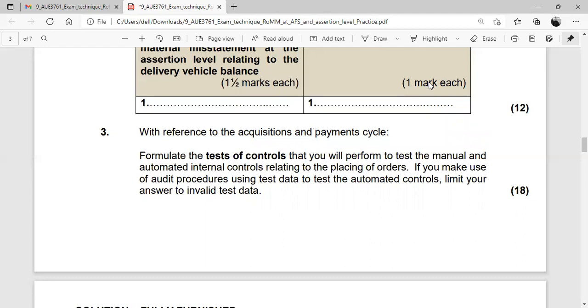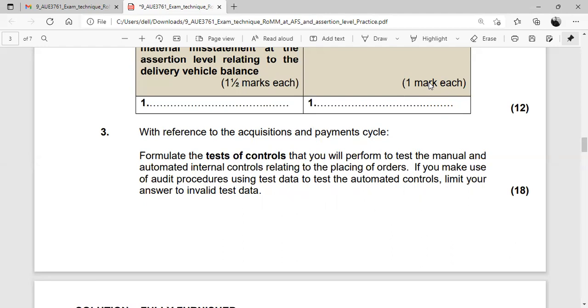That's why it's so important for you to be familiar with the cycles. In this case, you are lucky that the question tells you, but you'll not always have it like that. By the way, the acquisitions and payment cycle is also known as the purchases and payment cycle. So it's the same cycle.